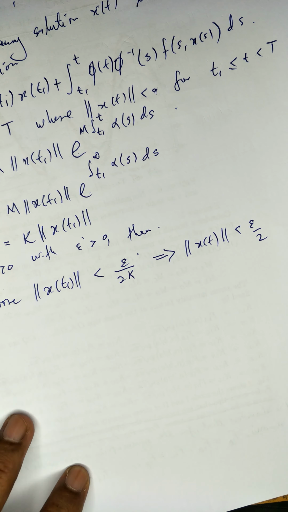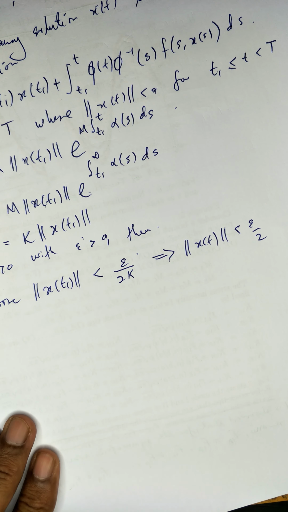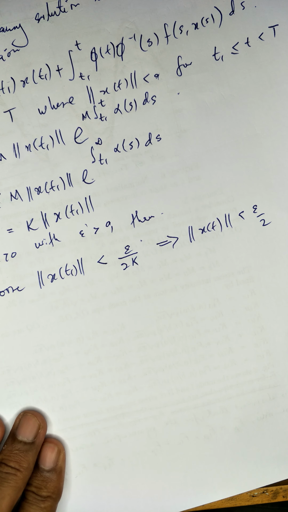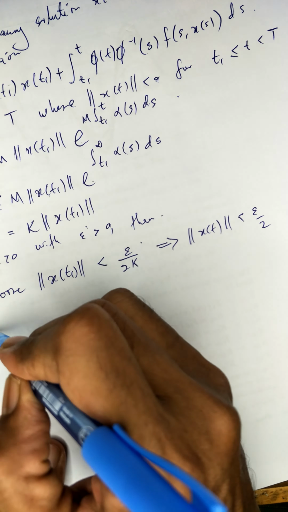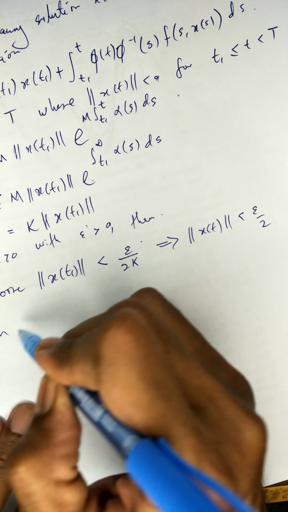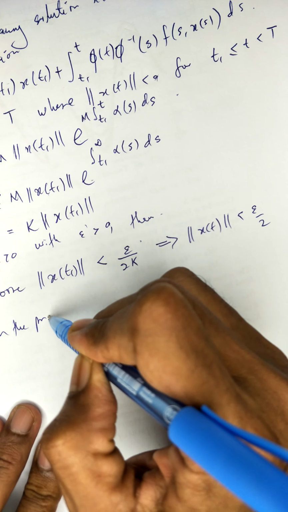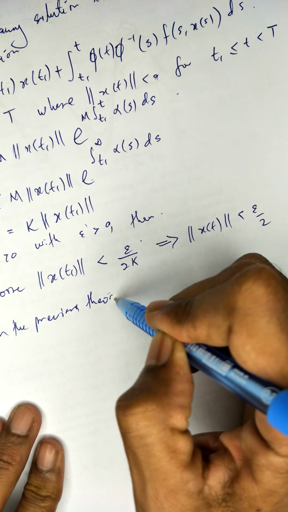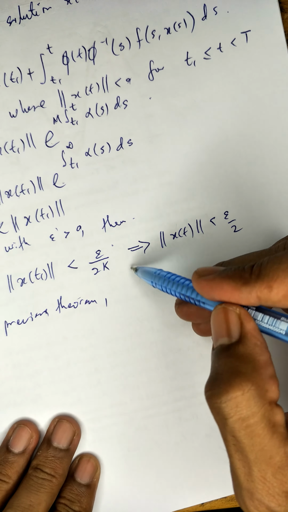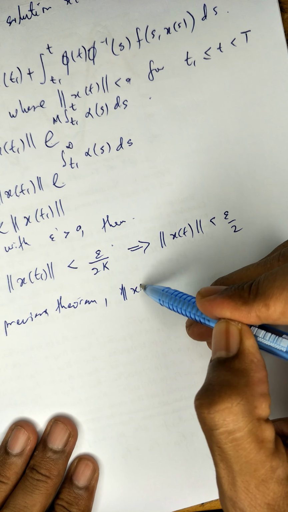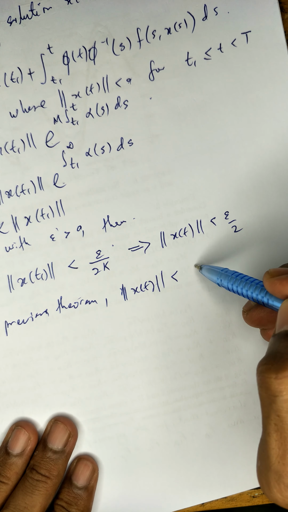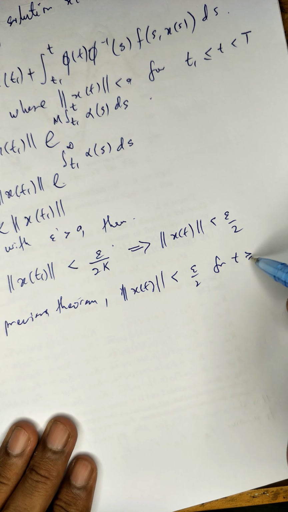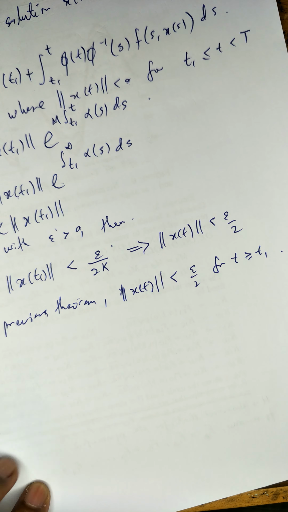And you can use a similar argument to the previous theorem that I have proved. From the previous theorem, we have x(t) less than epsilon over 2 for t greater than t1.